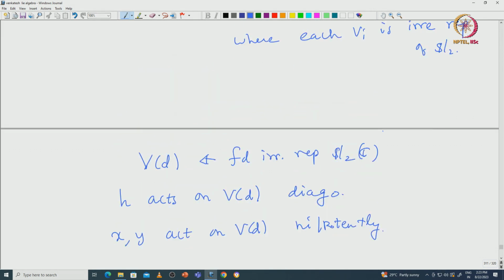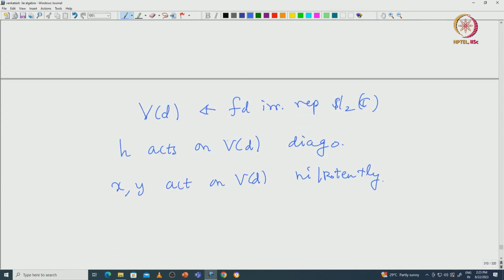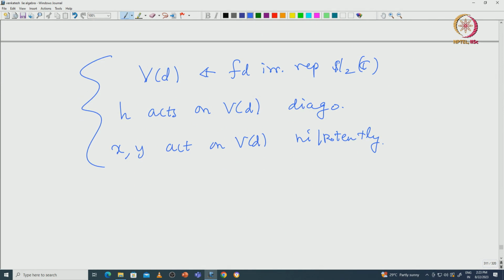If we actually have this complete reducibility, then what will happen? Using this remark, we can easily see that H should act on any finite dimensional representation of SL2C semisimply or diagonally. Similarly, X and Y should also act on any finite dimensional representation of SL2C nilpotently.